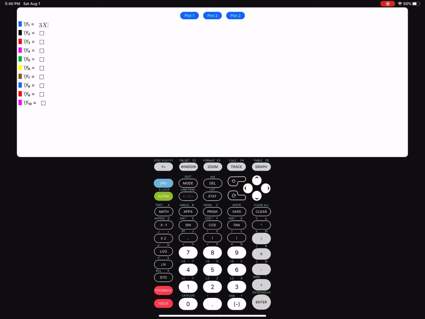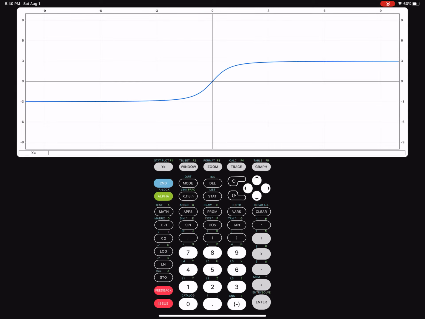Let's take 3x divided by parentheses square root of x squared plus 1, I think. And then I'm going to close my parentheses here. Okay, enter. And now whenever I graph this, you can look. And you see when you go to the right, it looks like it's leveling off at 3.